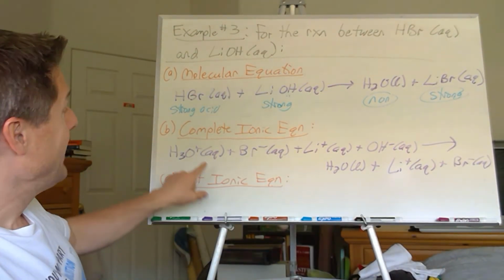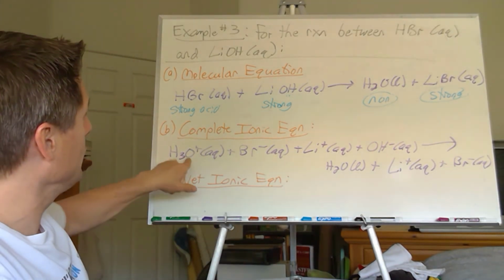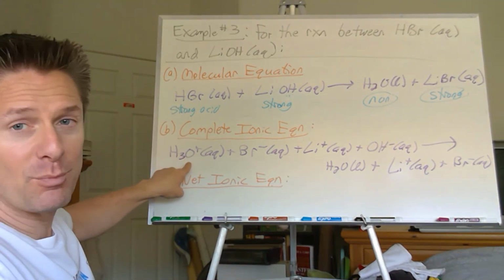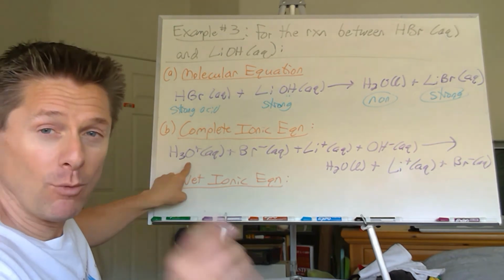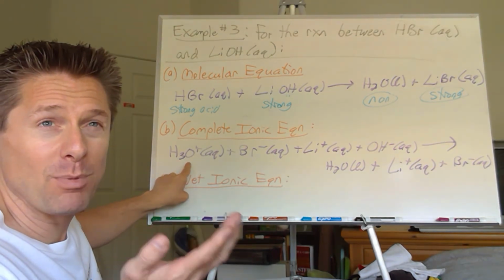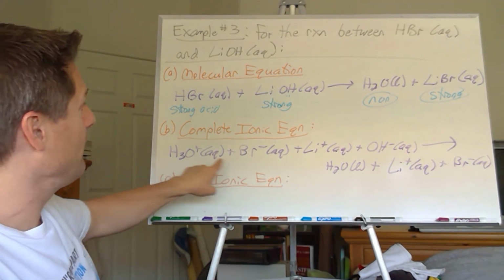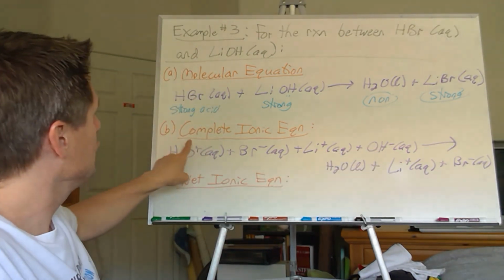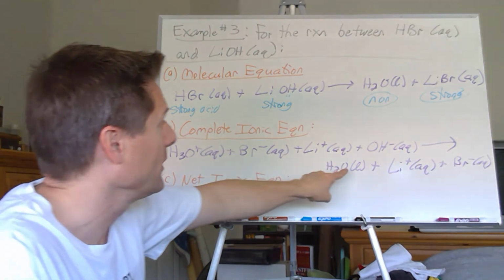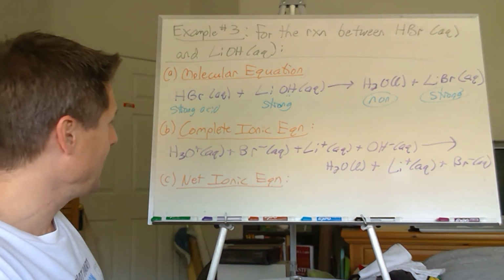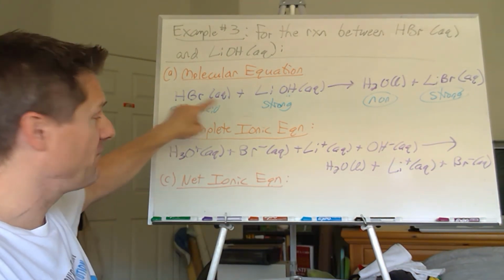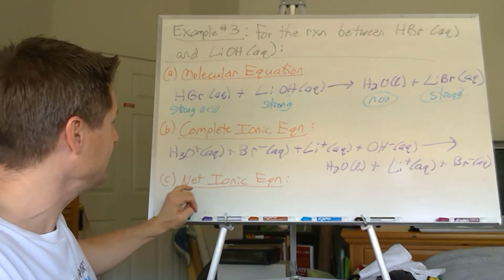That was pretty good. Now, what's tricky about this is when you go from H plus to H3O plus, you unbalance it. That's the only problem with using H3O plus. It's more reflective of reality, but it messes it up. See, now we've got 2 oxygens on the left-hand side and only 1 over here. So the trick is, whenever you use hydronium, effectively you're going H plus plus water.